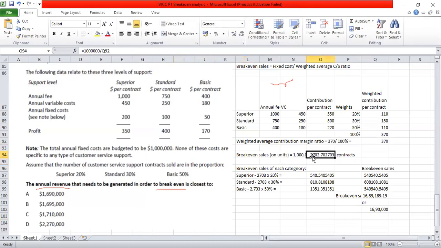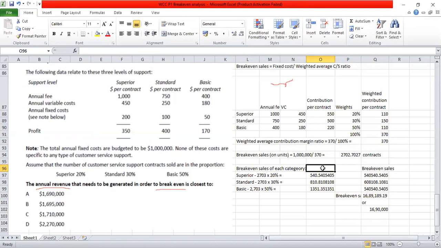If that is the case, then these number of units should be split among these three types of contracts in the proportion of 20, 30 and 50 because these are the weights. So when we split that into these proportions, we got these as the number of contracts. Number of contracts into the fee per contract when we multiply, these are break-even units, those are break-even sales.